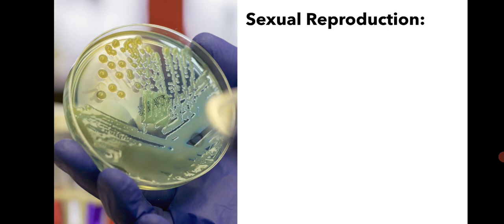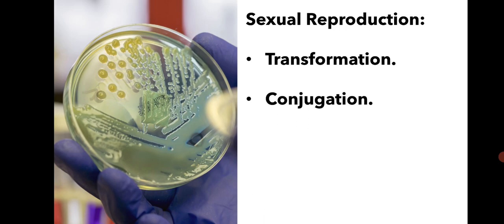So coming to the sexual reproduction in bacteria, it takes place in three ways, that is by transformation, conjugation and transduction. So let's see the first part, that is transformation.